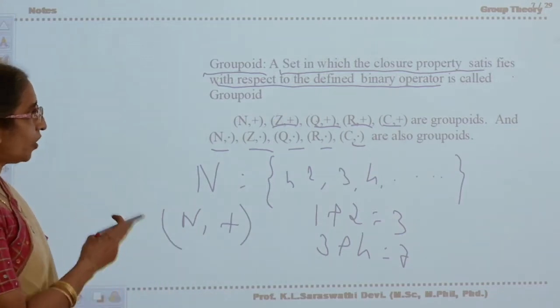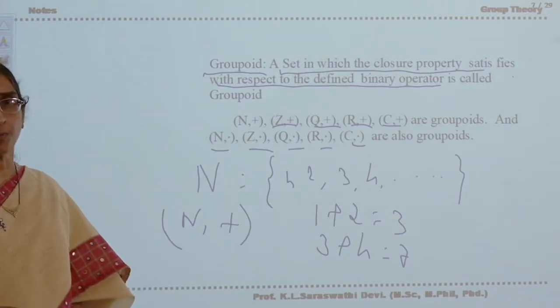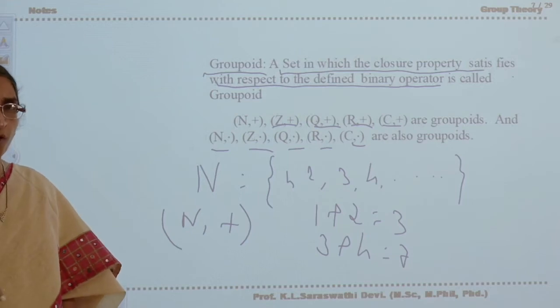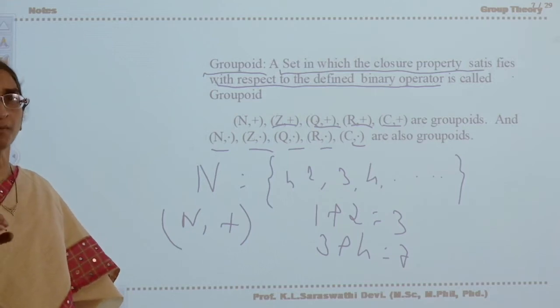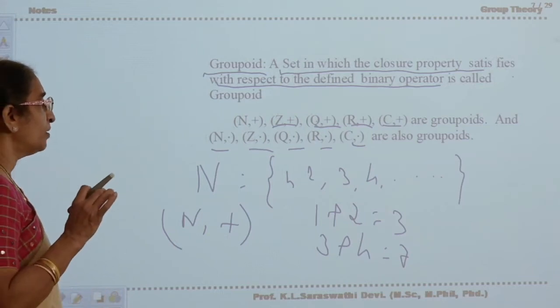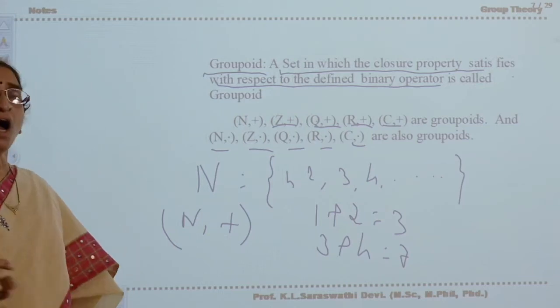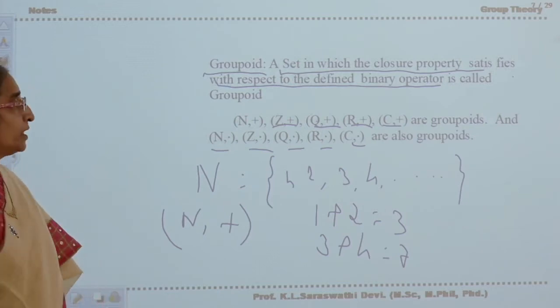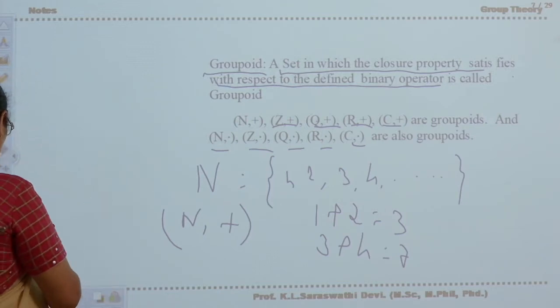Therefore, they are all examples of groupoids. What do you mean by groupoid? A groupoid is nothing but a non-empty set which is equipped with a binary operator and satisfies the closure property. Okay.